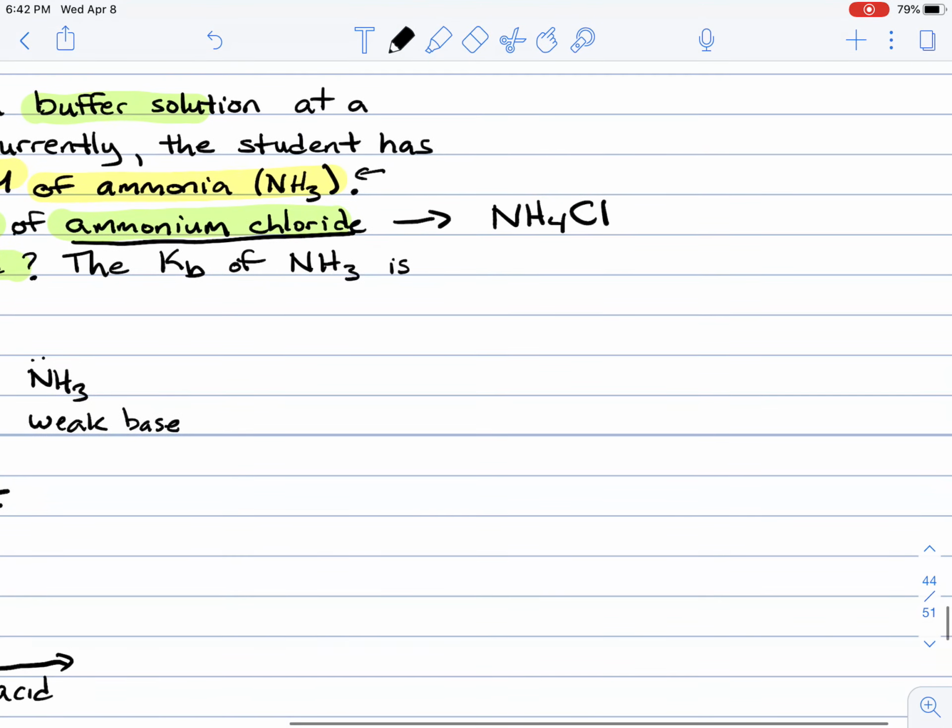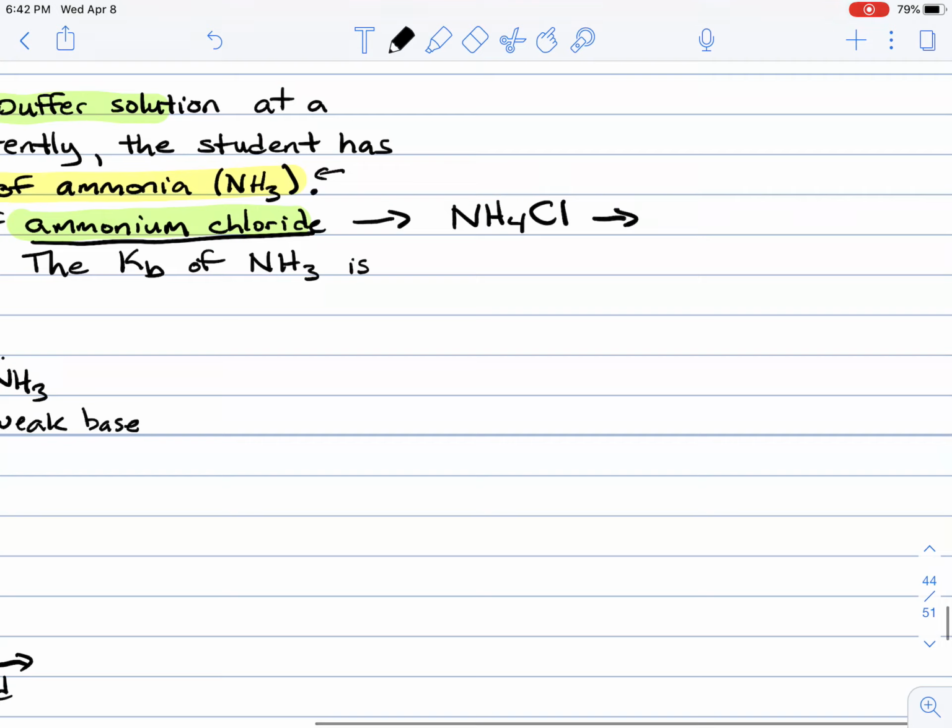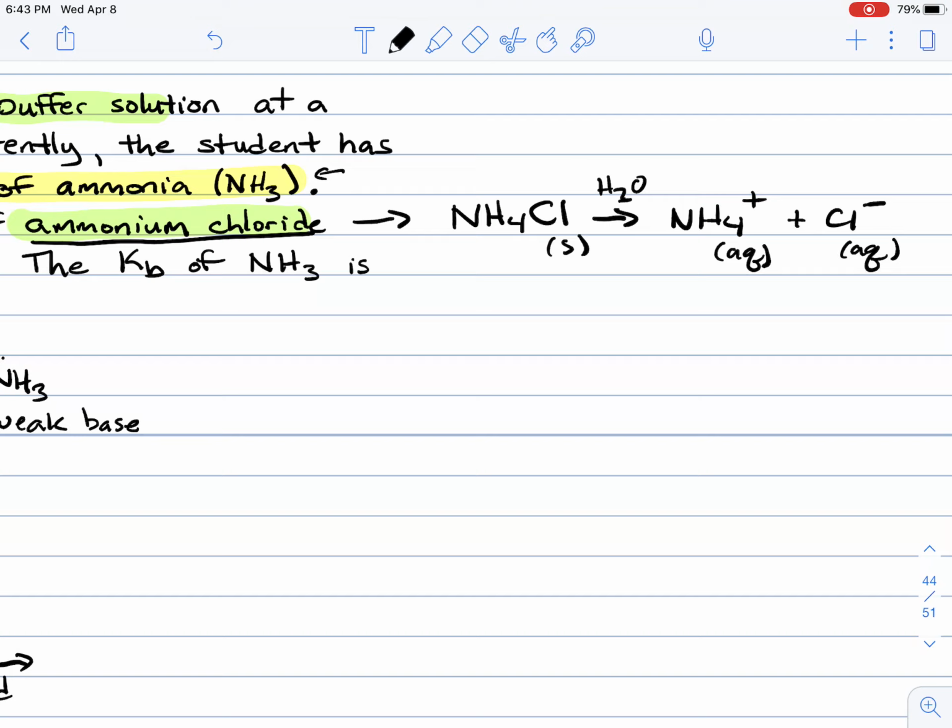In my head I'm trying to dissociate this. If you're putting this in water, and this is, for example, a solid, this ammonium chloride is going to separate to produce aqueous ammonium, NH4 plus, and aqueous chloride, Cl minus.